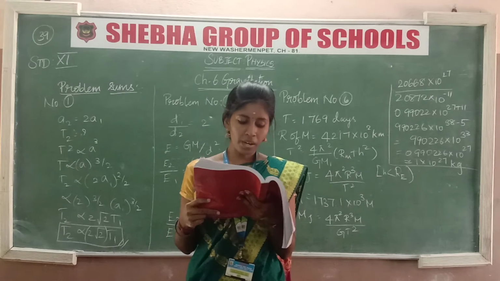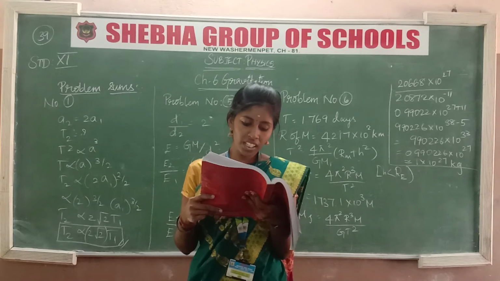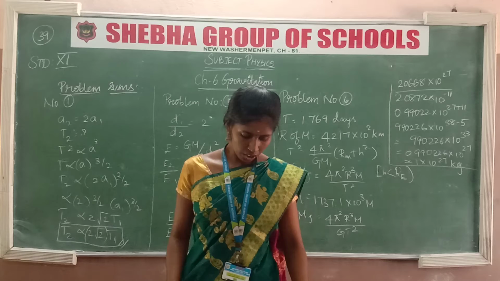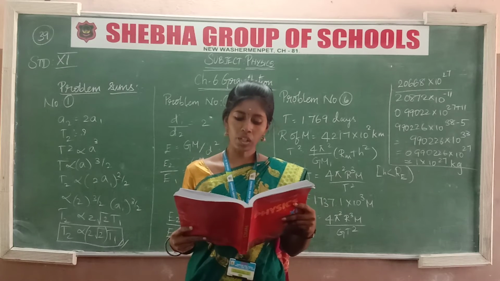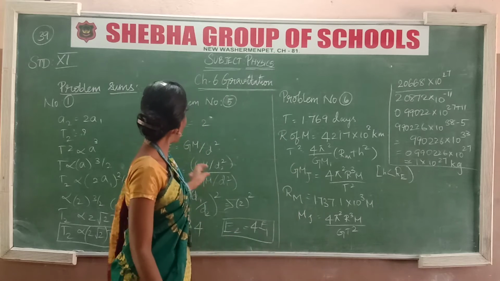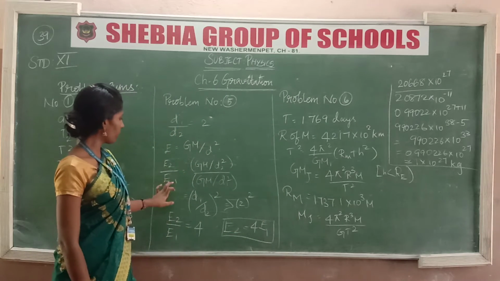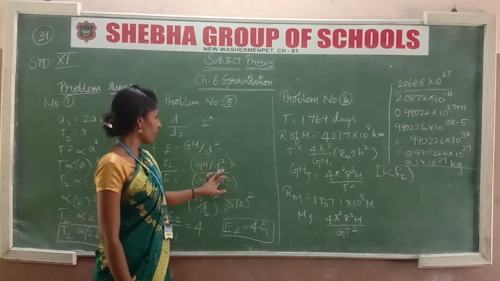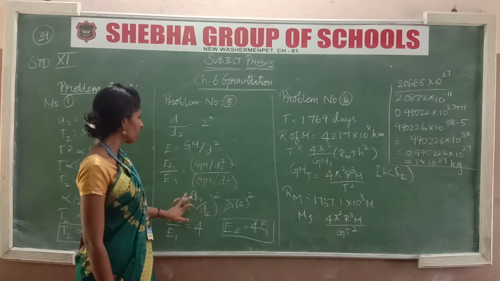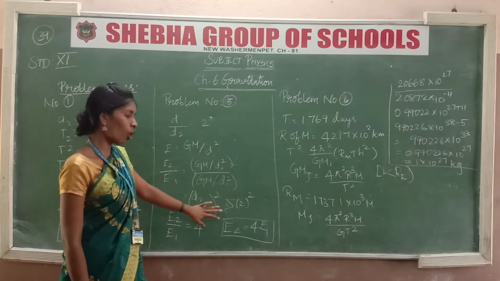So E2 divided by E1 is equal to Gm divided by D2 square, divided by Gm divided by D1 square, which is D1 divided by D2, whole square.